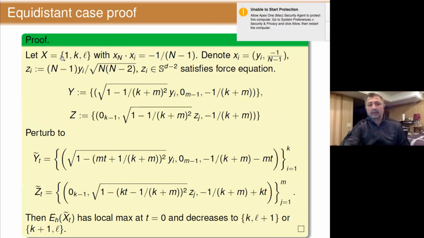That's because of the equidistant property. And then we can take these to be 0 as we project them onto the equatorial hyperplane. And this last coordinate will always be negative 1 over k plus 1. This is the altitude coordinate.